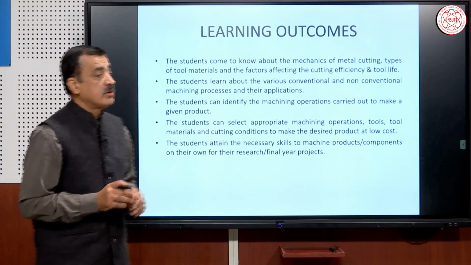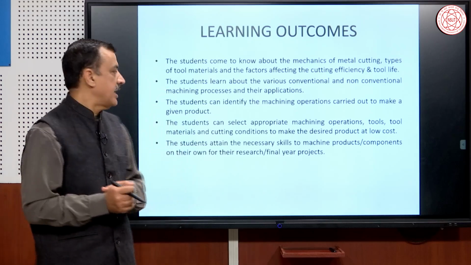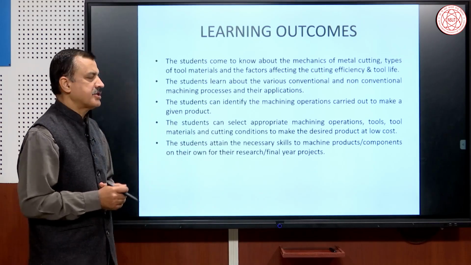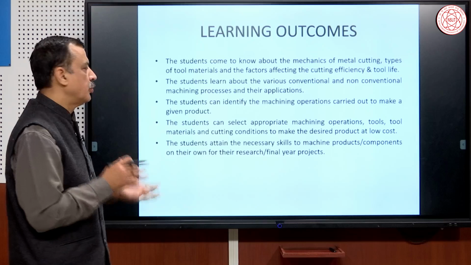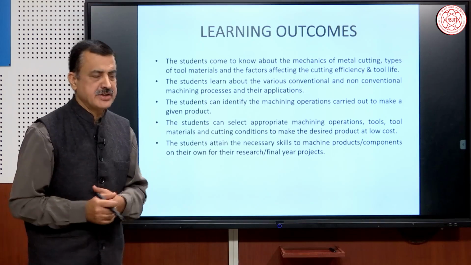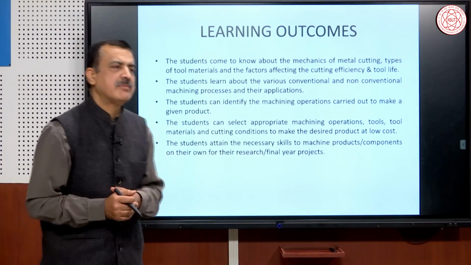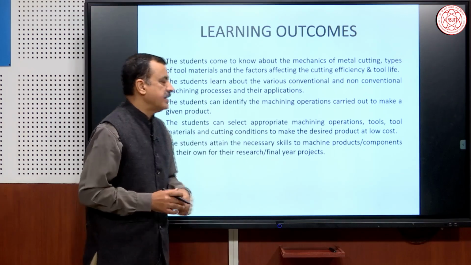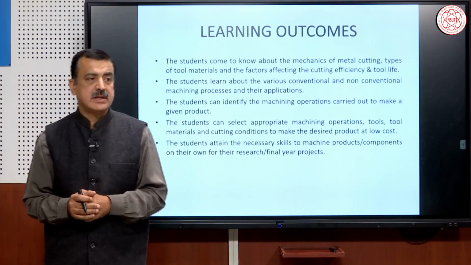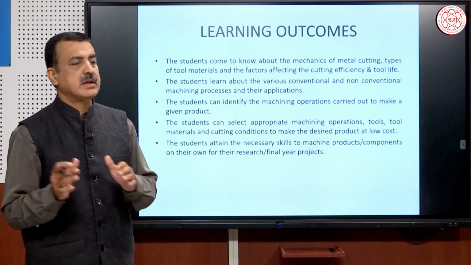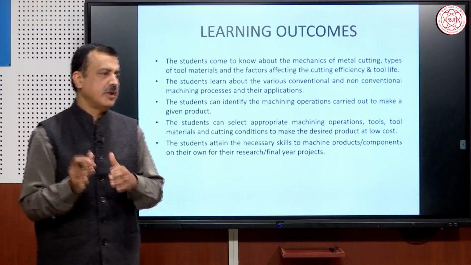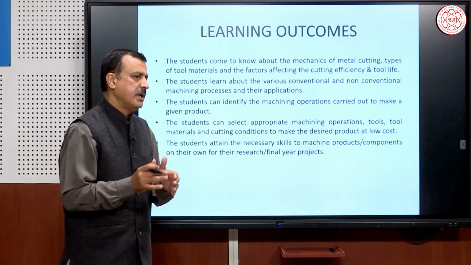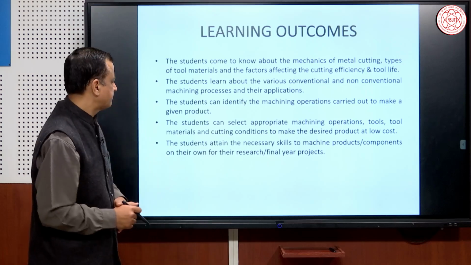Fourthly, the students can select appropriate machining operations, tools, tool materials and cutting conditions to make the desired product at low cost. See, selection of cutting conditions is very important as it affects the final product that we are going to get, the power consumed and the effect on tool life.